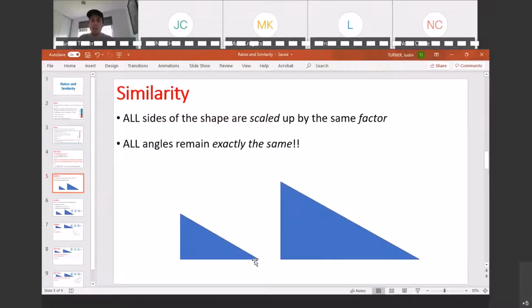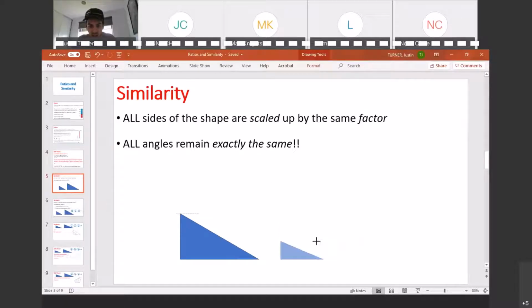So they've all been scaled up by the same factor amount. And importantly, all three of these angles are exactly the same. You can see how that works. That would be scaling it down. It's the same shape. It's just been enlarged or made smaller.